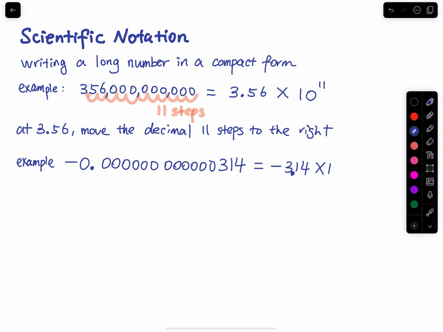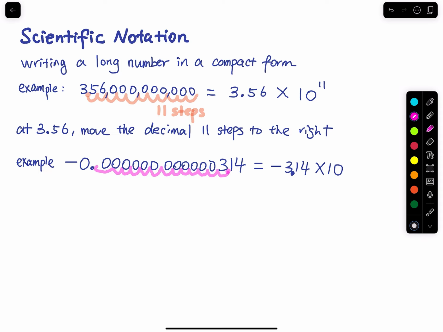And then times 10 to the what power? Okay, let me change to a different color. At 3.14, how do you reach this number? You have to move the decimal point to the left. Okay, let's do the move. 1, 2, 3, 4, 5, 6, 7, 8, 9, 10, 11, 12, 13.